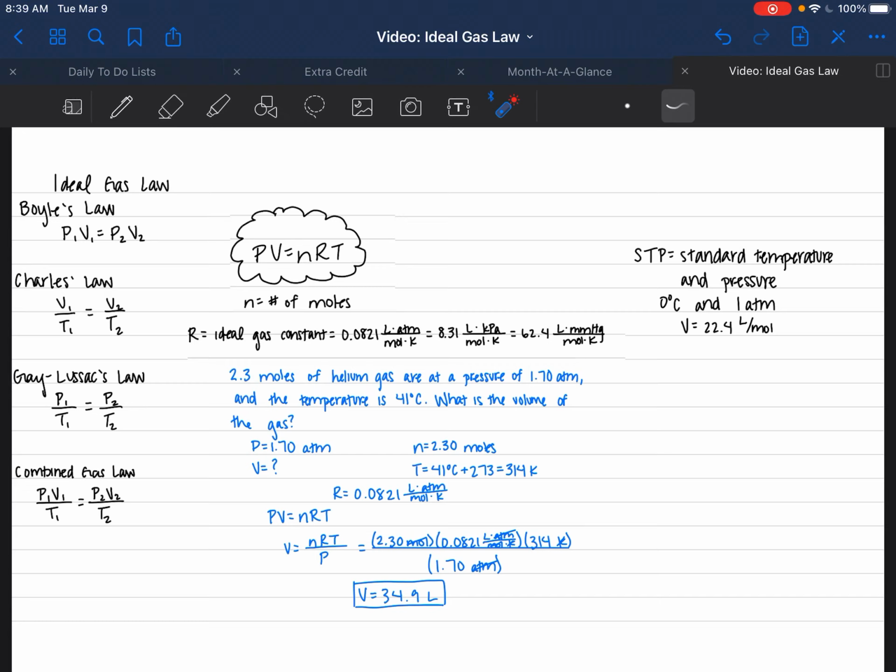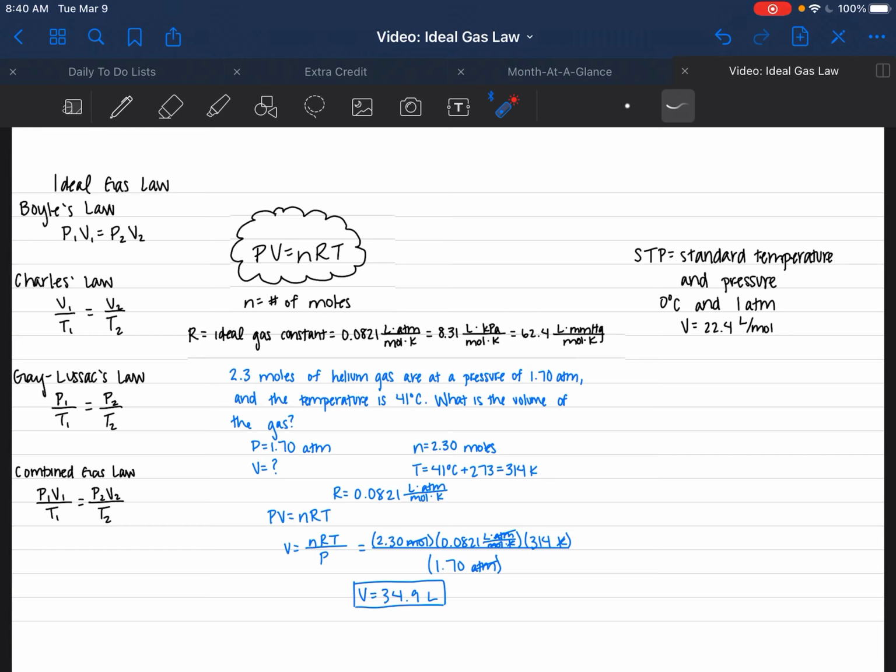For example, in the first one, notice we have liters times atmospheres over moles times K. That is typically what you're going to be using. That's what you've been using so far when working with your gases: measuring pressure in atmospheres, volume in liters, moles in moles, and temperature in Kelvin.